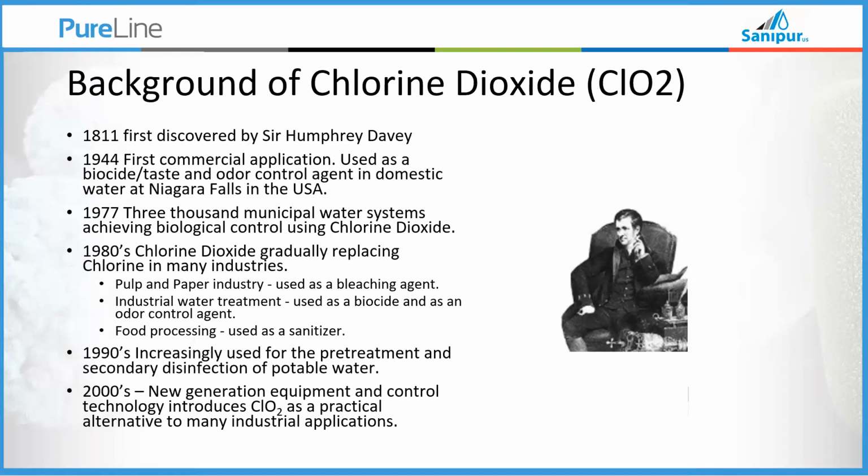And then came, now in the 2000s, new materials, controls, electronics upgrades, cost reductions in these materials has really led to smaller, more compact, more reliable, safer systems for distributing and generating chlorine dioxide, so that it's readily available and feasible for even the smallest applications.